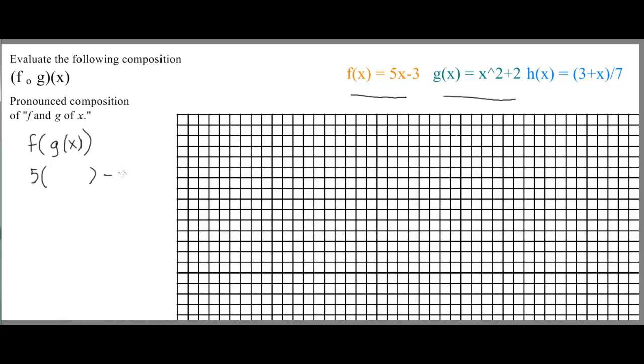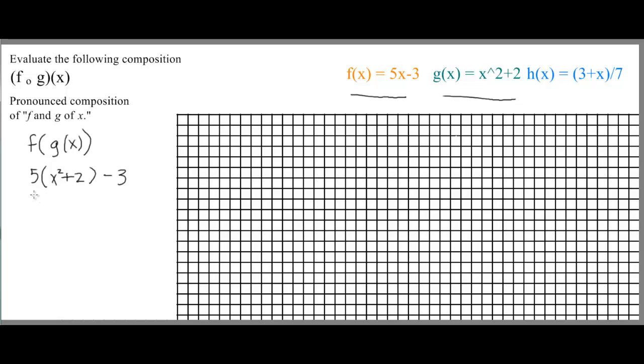I'm going to just put an empty parenthesis right now. Now I'm going to fill in the x. Remember f of x, we're just going to replace that x with g of x, and that's going to be x to the second power plus 2.